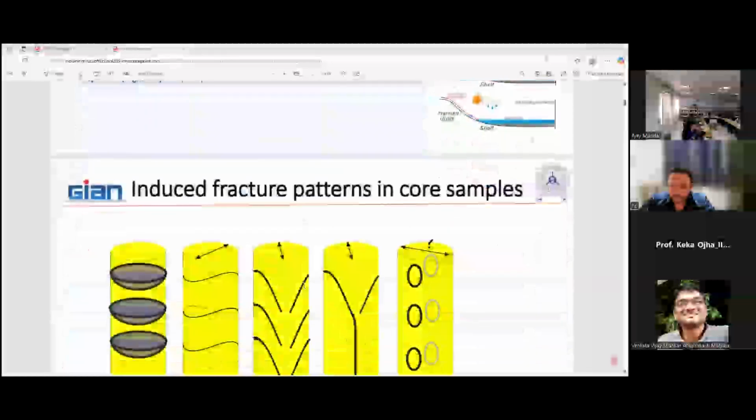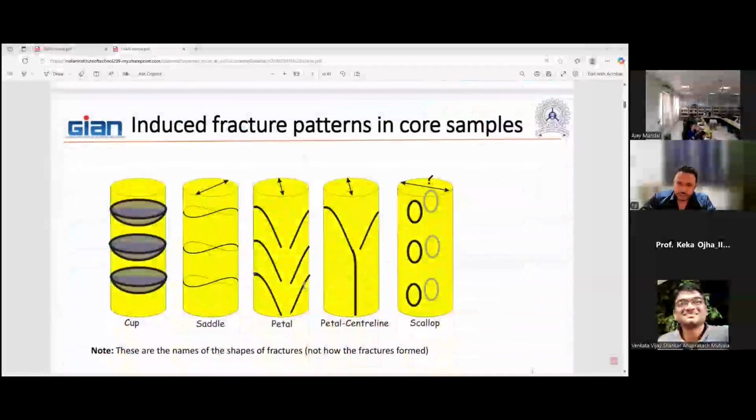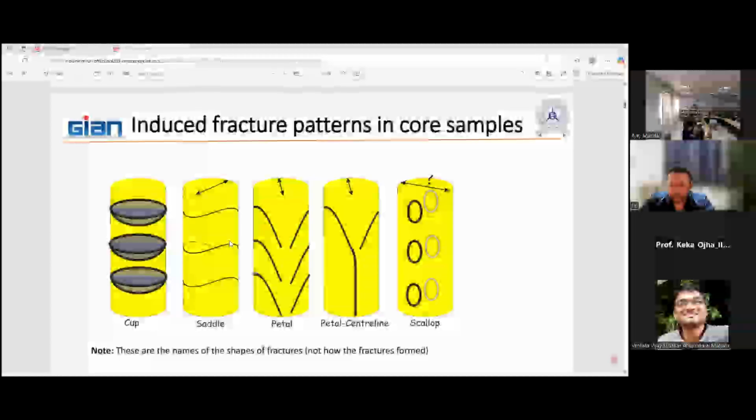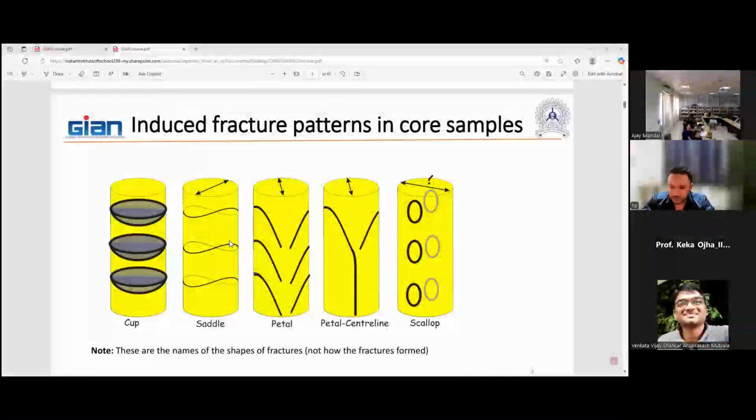Before we discuss the natural fractures, let us discuss a little bit of the type of induced fractures that can come in the core. These are shale core cartoons because of handling of the shale core. You cut the core, bring it up to the surface, and then store it in some repository.